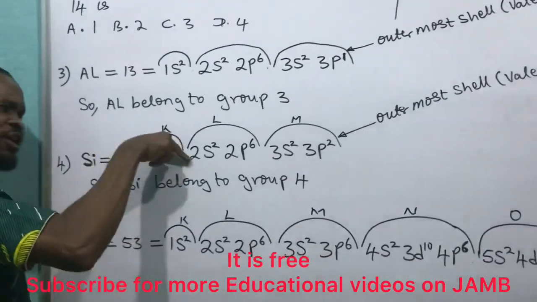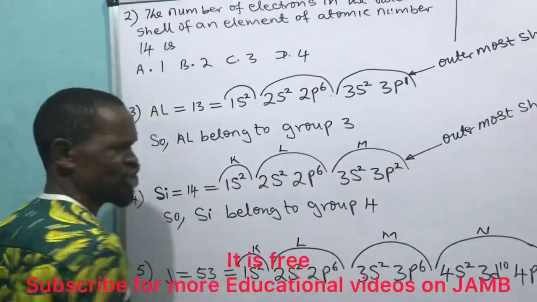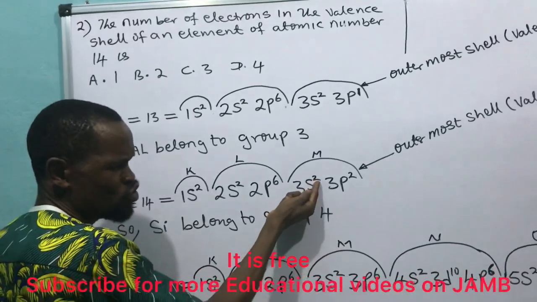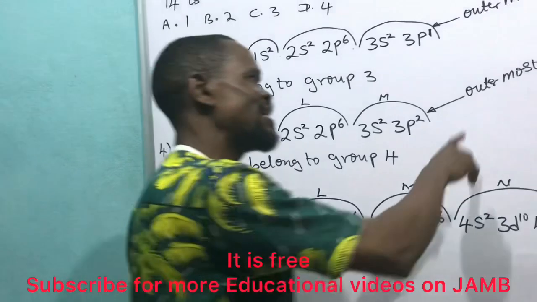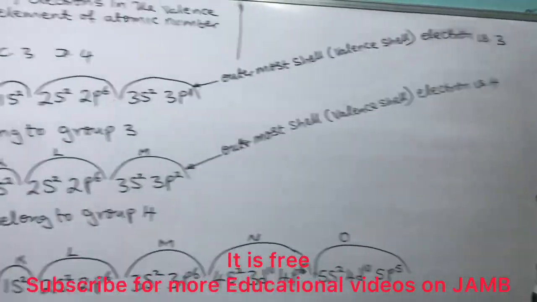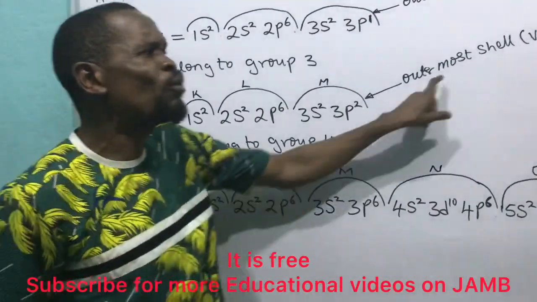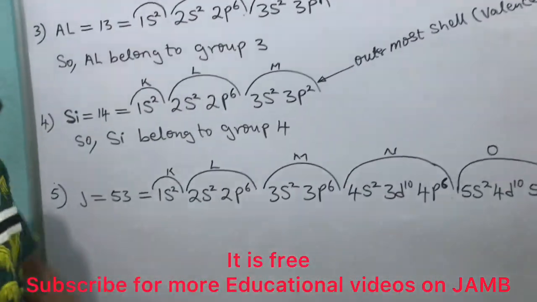And my first period, my second period, my third period, which is my last shell. The number of electrons in my last shell is 2 plus 2, giving me what? 4. And I said the valency electron is what? 4. Therefore, I can say that silicon belongs to group 4. And the valency electron of this silicon is what? 4, as we said.